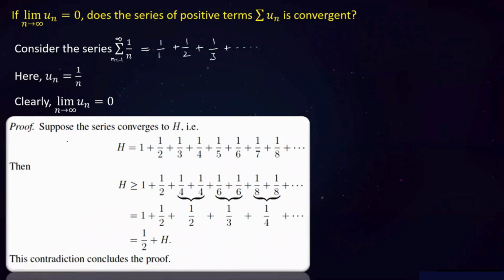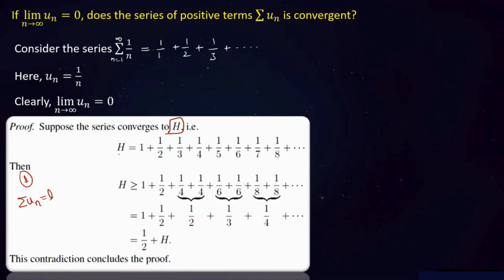And moreover, I'm also assuming this series converges to one value h, right? As we know, when the series is convergent, for example if it is convergent to some finite value L, then we say the summation value itself is L, wherever it is converging, that value itself is the summation value.